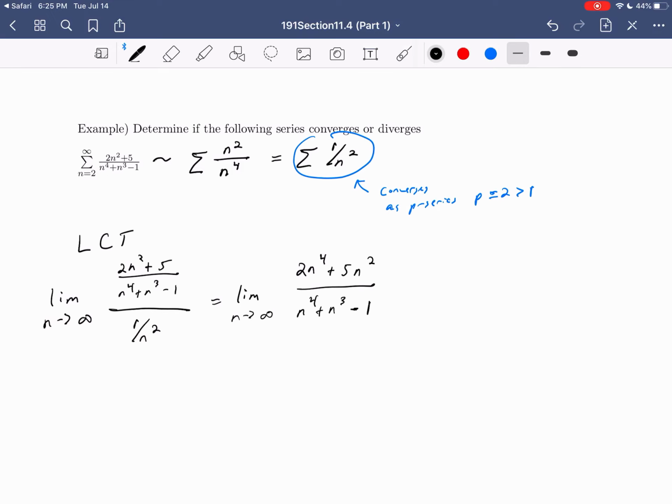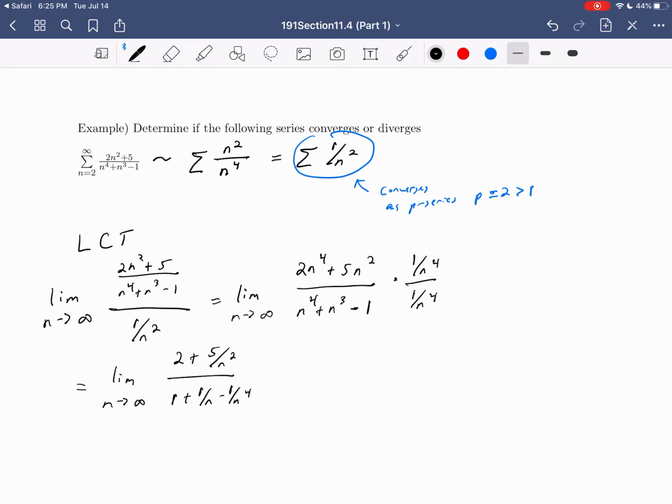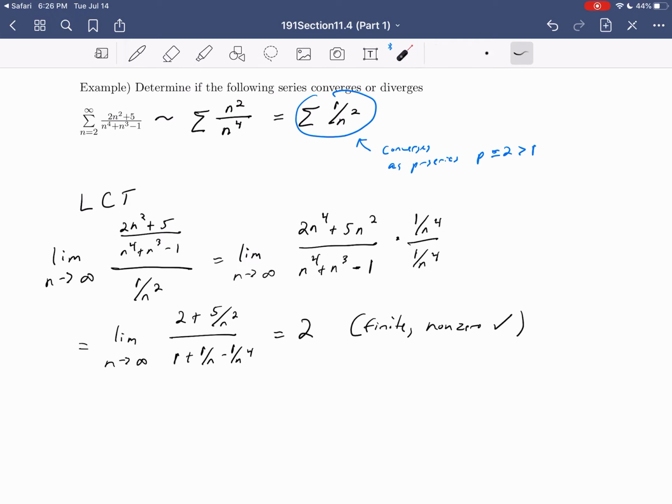Then we do our standard trick, 1 over n to the 4th, 1 over n to the 4th. That looks like we're going to get the limit as n goes to infinity of 2 plus 5 over n squared, over 1 plus 1 over n minus 1 over n to the 4th. These are all going to go to 0, so this is going to equal 2. What we care about is that it's finite and non-zero. Check. So that means that the terms here for really large n are about double the terms here.